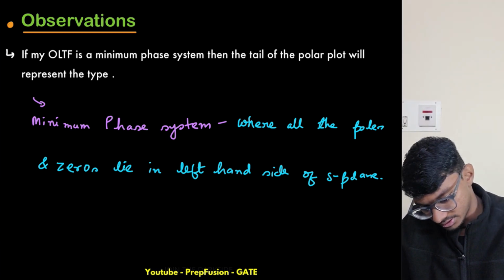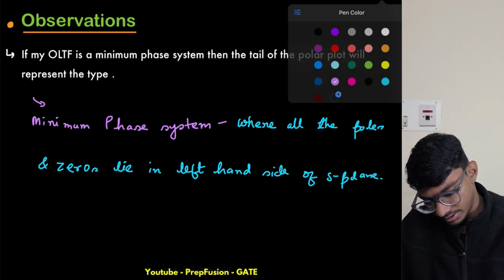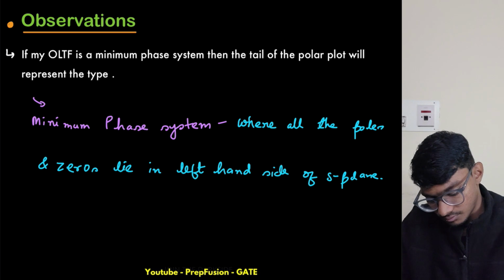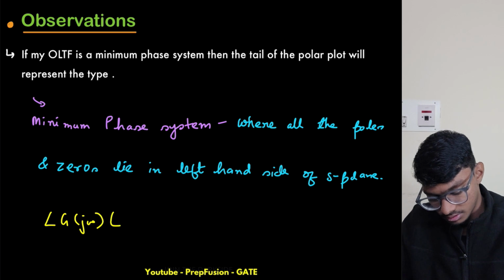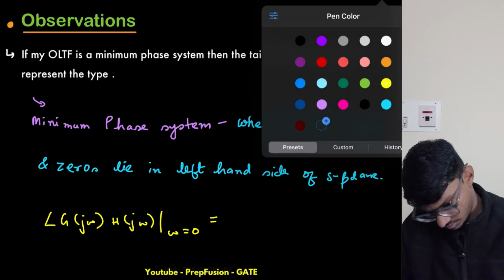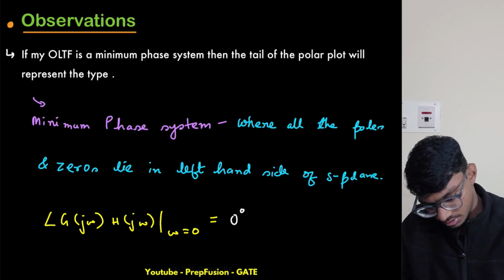So what I can write here is, if the angle of G(j omega) H(j omega) at omega equals 0 is 0 degrees, then what does this mean?